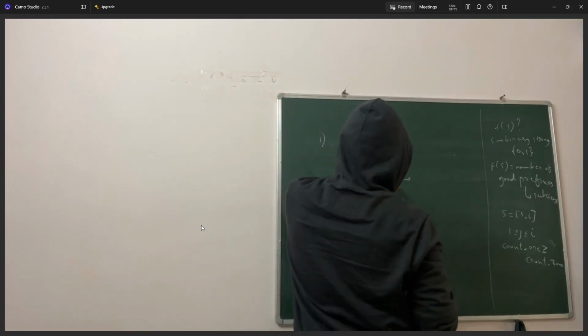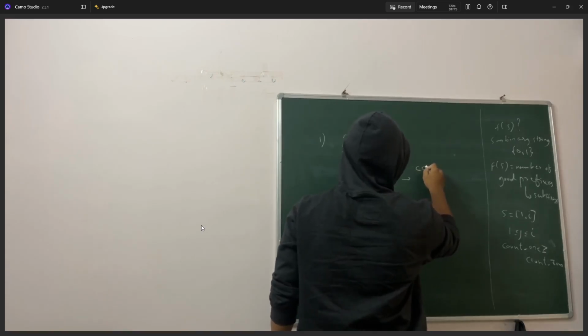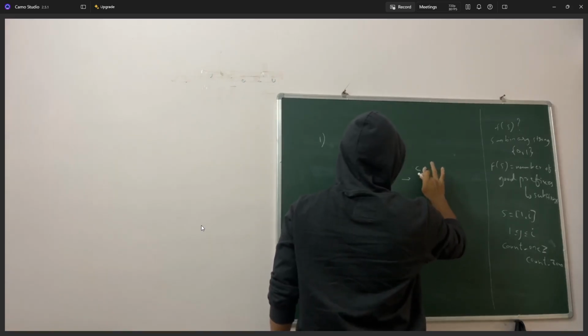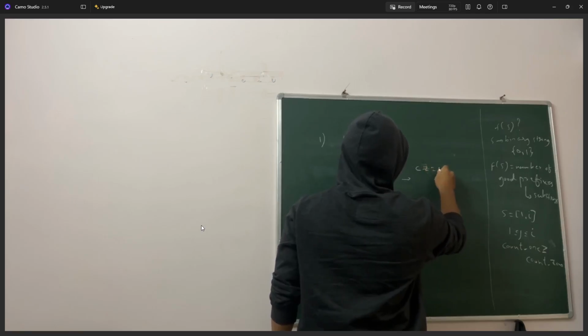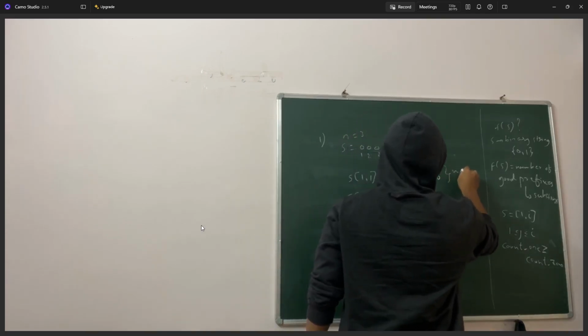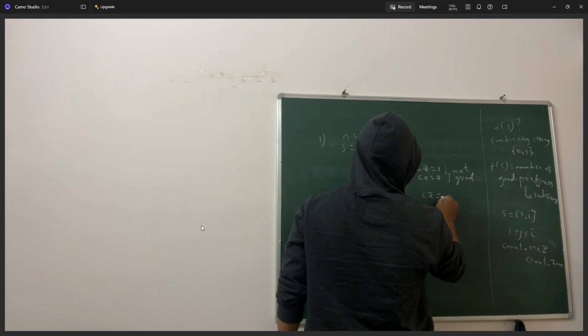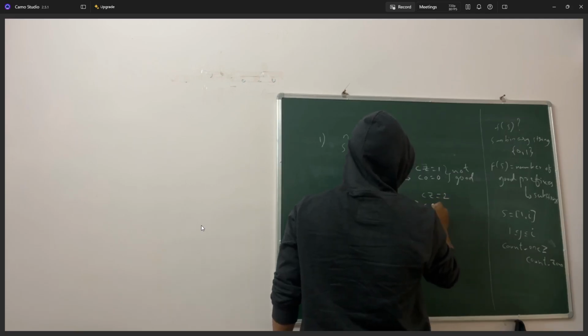The count of 0, let me call it z, is 1, and the count of 1 is 0. We don't have any 1 here. So it's not a good prefix. Here count of 0 is 2, count of 1 is 0.